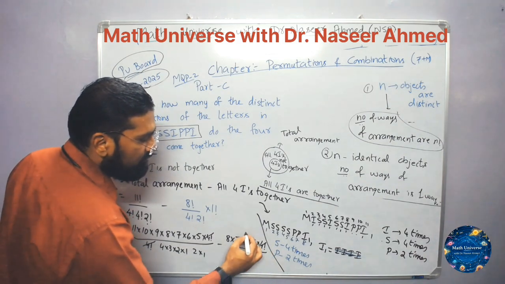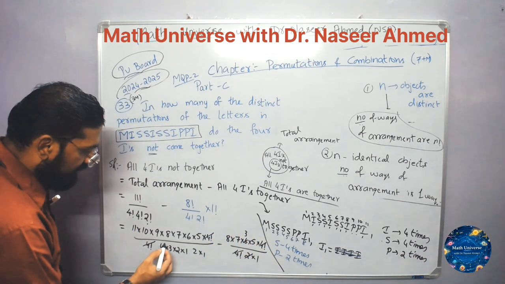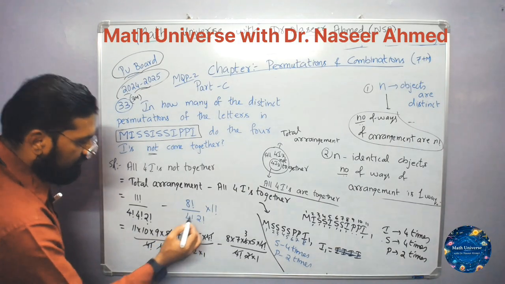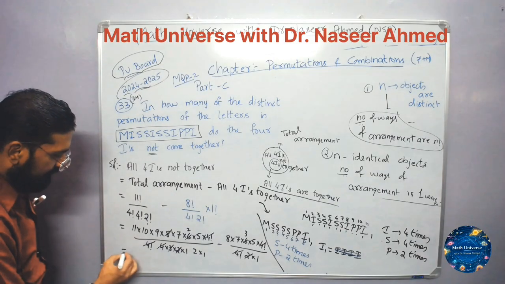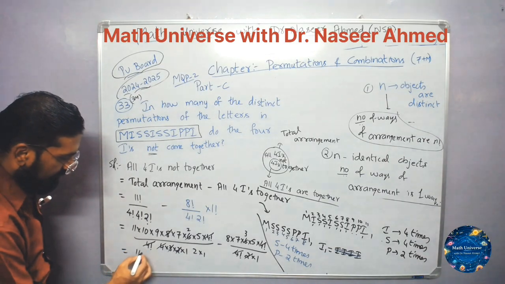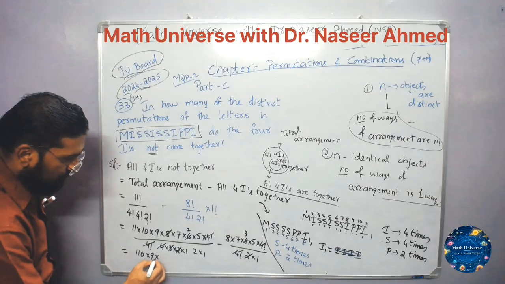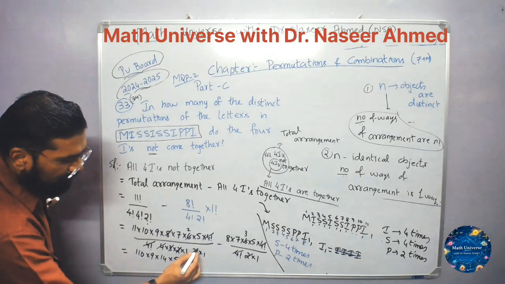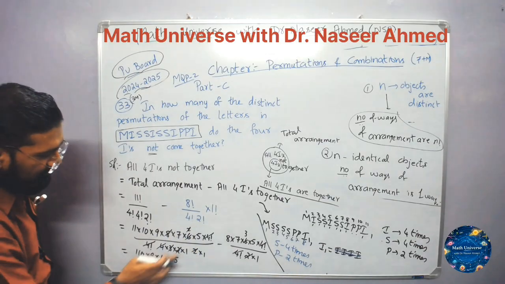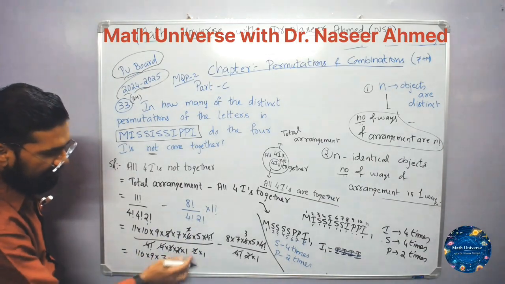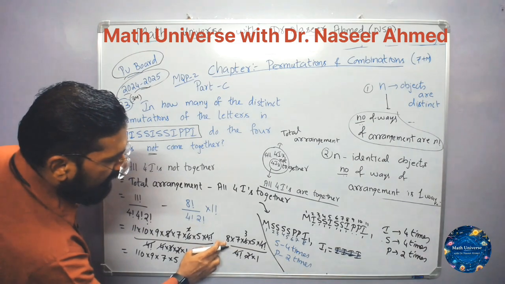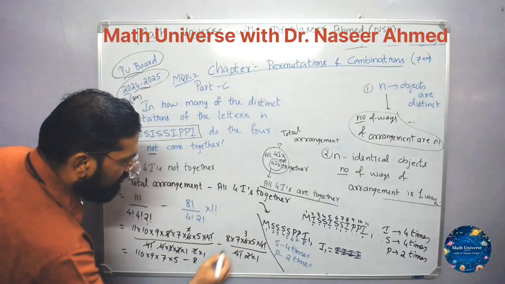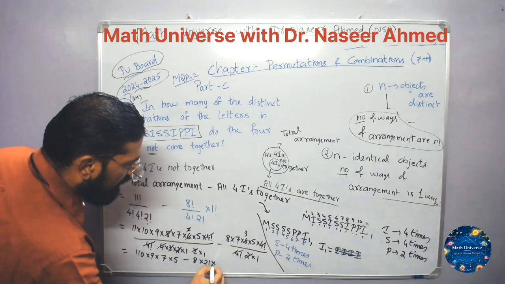Simplifying, write down the remaining: 11 into 10 is 110, into 9, into 7, into 5. Then minus 8 into 7 into 3 will be 21, into 5.